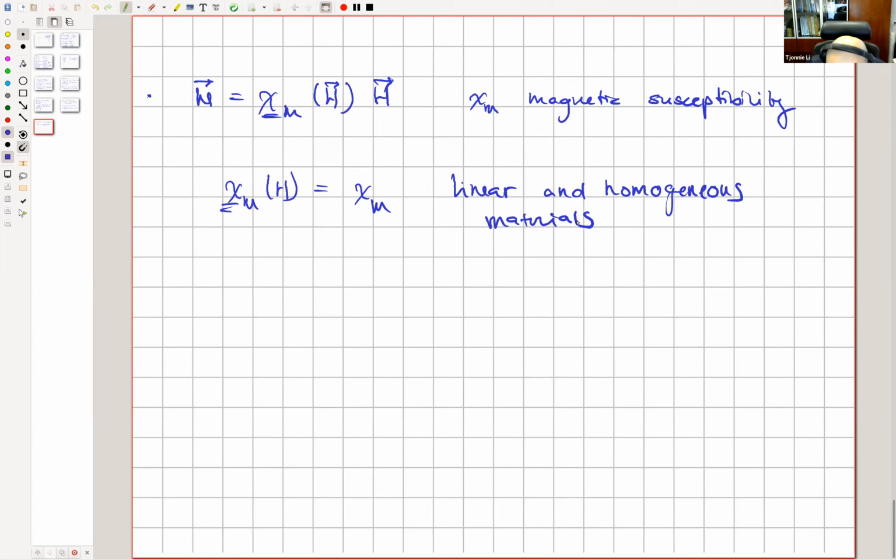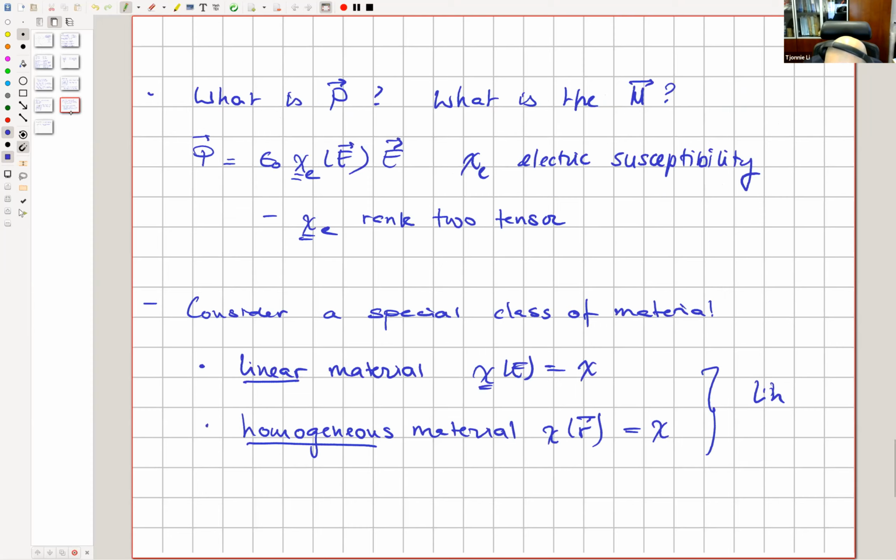Okay, so the thing that we just introduced is saying that, in a special case of special materials, so it's linear and homogeneous, chi e and chi m are now considered to be constants for linear and homogeneous materials.